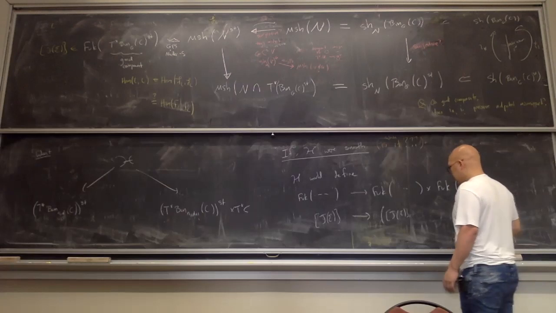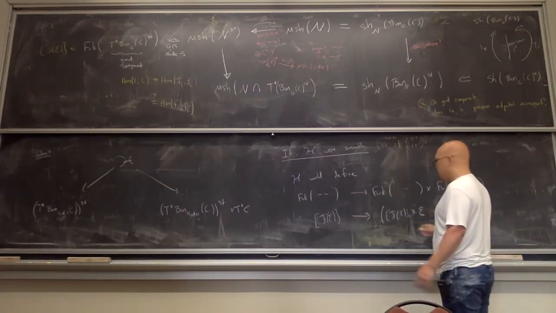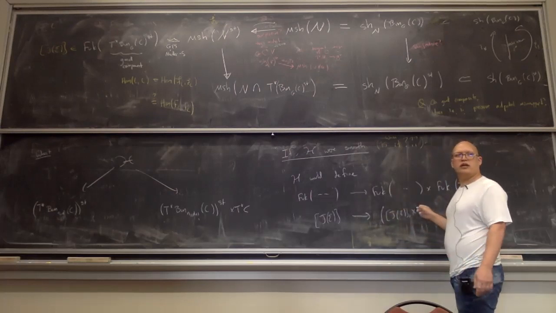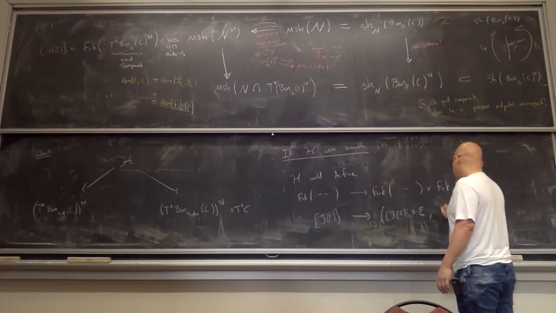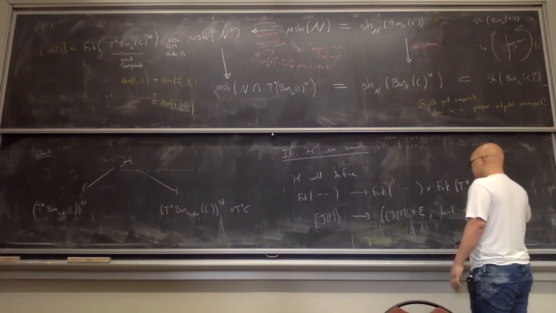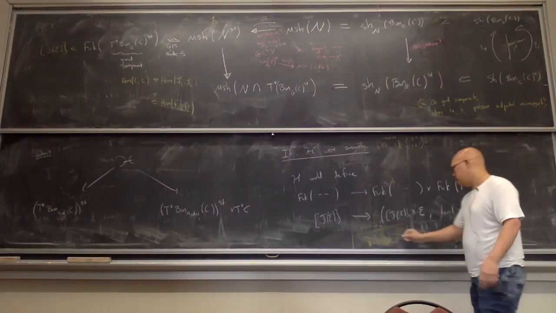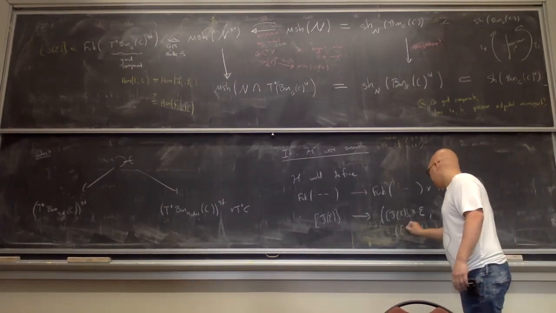We go to something that's on J of sigma times sigma, because that's where that Lagrangian goes under that correspondence, maybe carrying some local system.